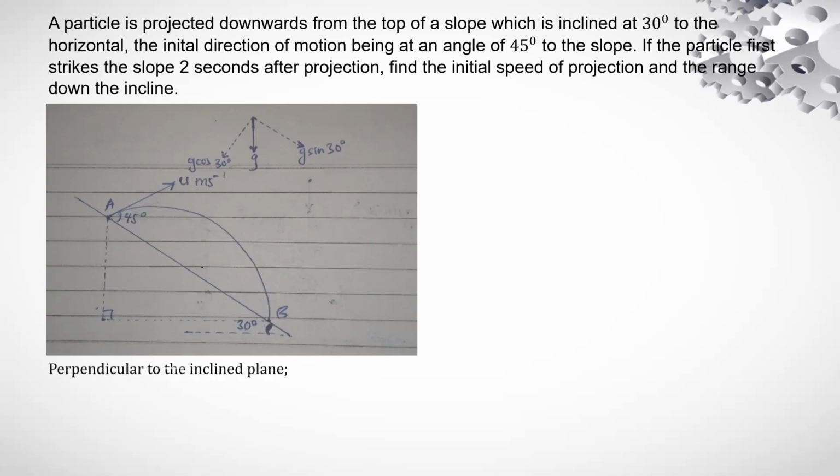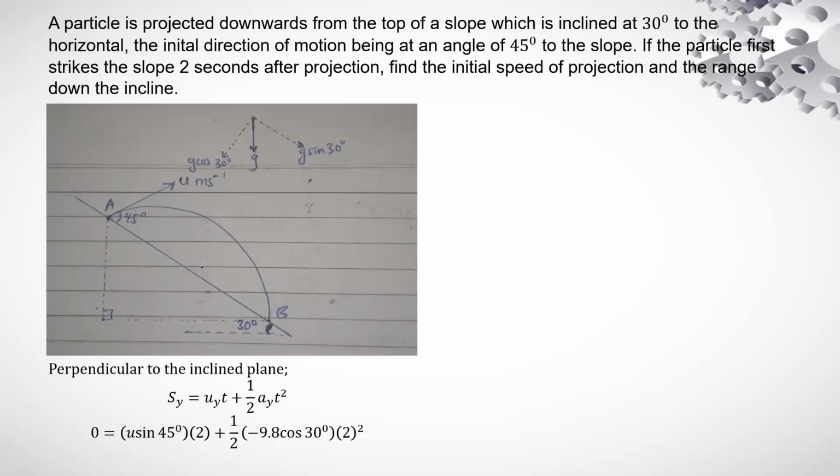So perpendicular to the plane, what do we have? We have that s_y equals u_y t plus a half a_y t squared. Then a_y is what? g cos 30, but negative, because remember the particle is projected against gravity initially.